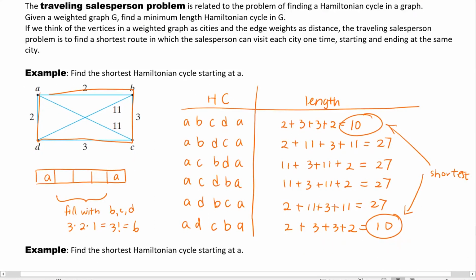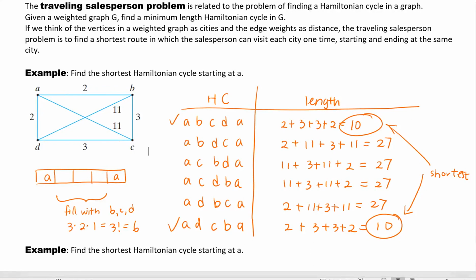And actually, for those two, we get the same cycle. It's just that one is going counterclockwise, the other is the reverse path. So this one and this one are the shortest Hamiltonian cycles.